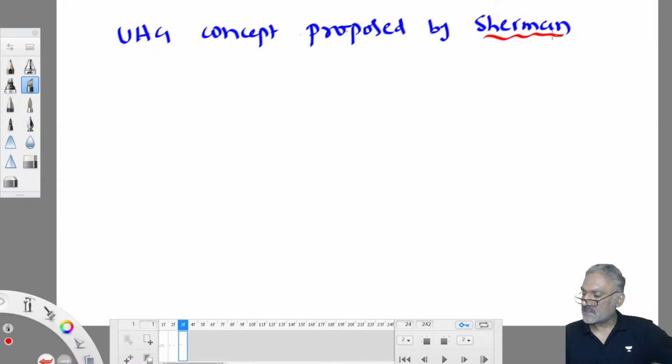This question is also asked in competitive exams like the JEE exam, SSC JEE exam and all. The unit hydrograph theory by Sherman is based on the following two assumptions.